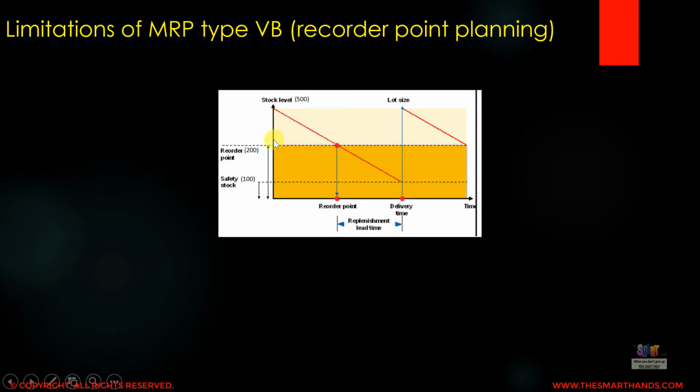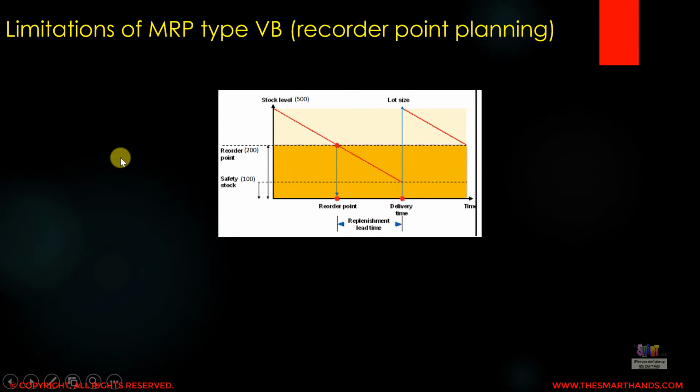Whenever the stock falls below the reorder point, say around 200, the system will generate a requirement and procurement will start. By the time the stock level reaches the safety stock level, we'll have the procurement done, and the stock will then be filled up to the maximum stock level, which is 500.